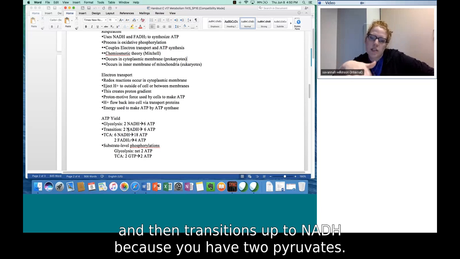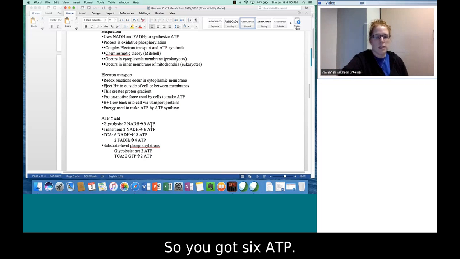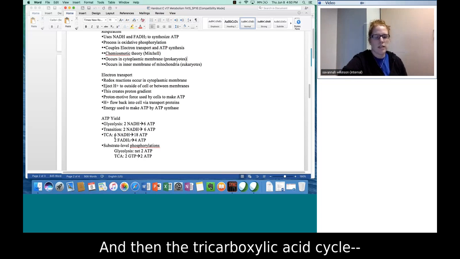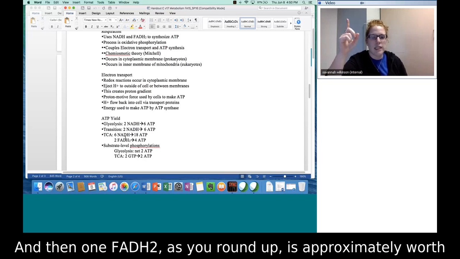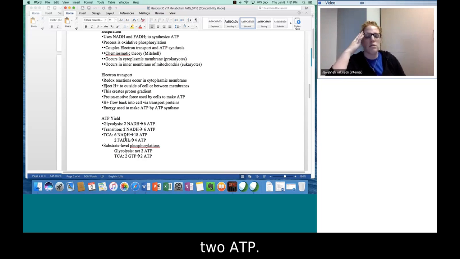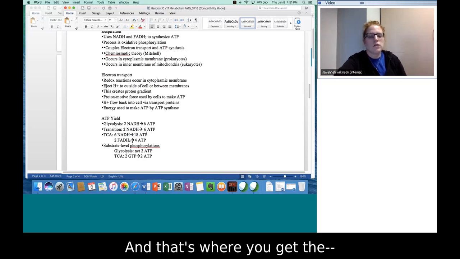And then the transition step, 2 NADH because you have 2 pyruvate. So you get 6 ATP, and then the tricarboxylic acid cycle, you make this much. So 1 NADH, if you round up, is worth approximately 3 ATP, and 1 FADH2, if you round up, is approximately worth 2 ATP. So 6 times 3 is 18, 2 times 2 is 4. And so that's where we get the ATP.